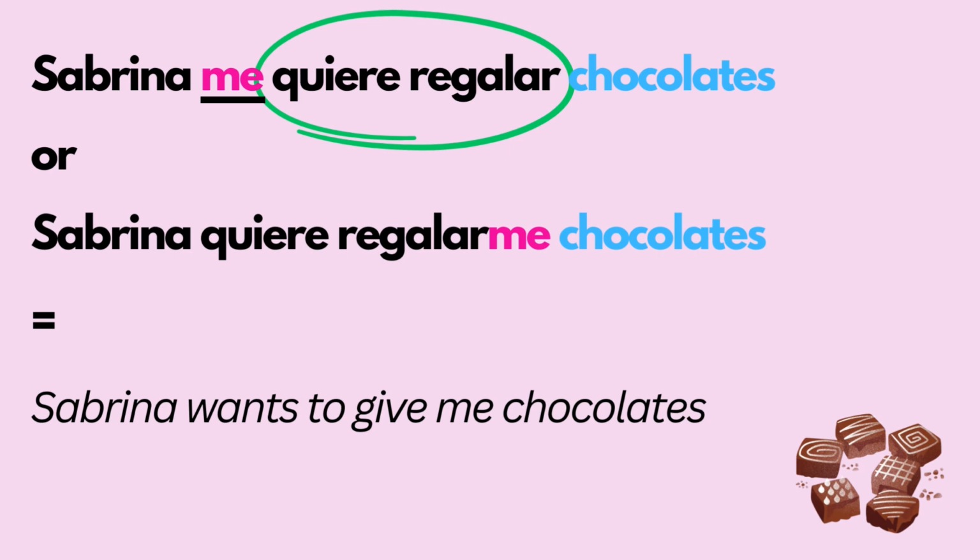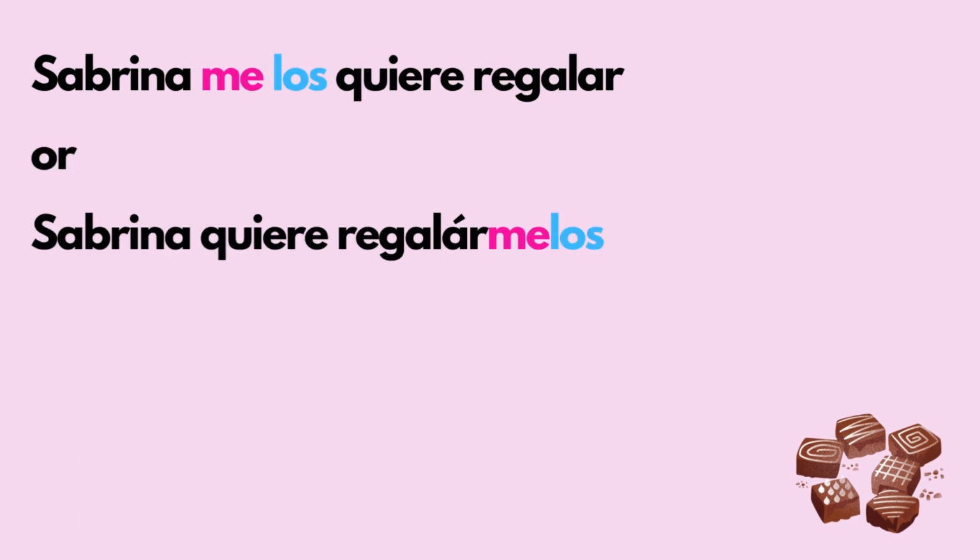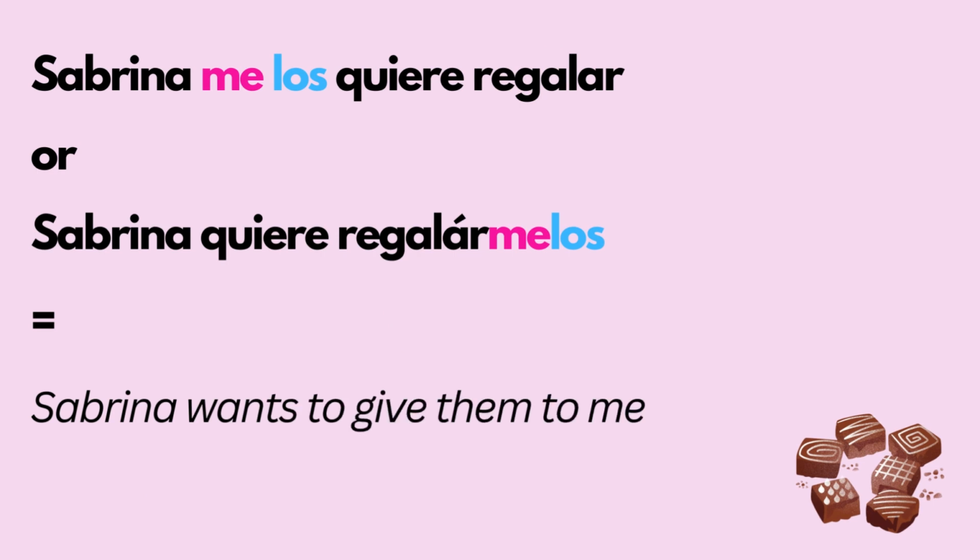In the second version of the sentence, Sabrina quiere regalarme chocolates, we can see the indirect object pronoun attached at the end of the second verb, regalar, and we get regalarme. Now, if we want to shorten both versions of the sentence, we would get the following. Sabrina me los quiere regalar, or Sabrina quiere regalármelos. Sabrina wants to give them to me.